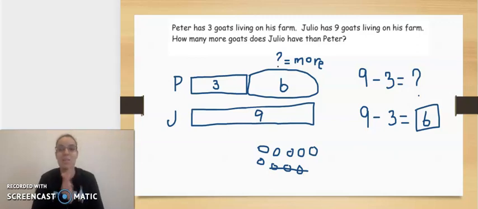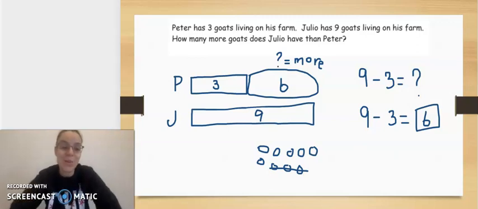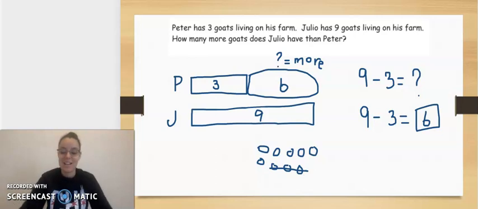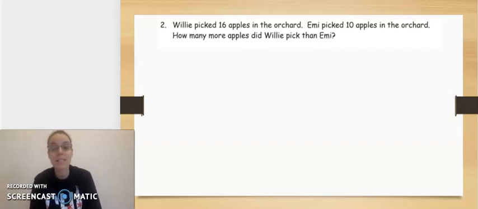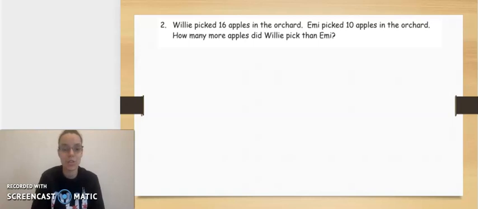All right, get your paper and pencils ready because you are going to help me do the next one. Get ready. Willie picked 19 apples in the orchard, and Emmy picked 10 apples in the orchard. How many more apples did Willie pick than Emmy? Well, let's first start by writing our representation. Willie picked 19.